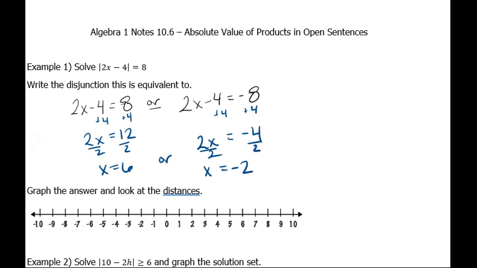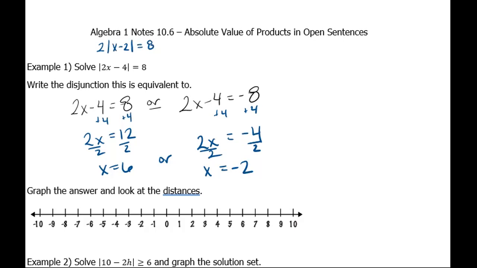So then let's look at how we can look at the distance. Before we had said the distance between x and the number, the subtraction, is 8 away. But if we did that, we'd be saying the difference between x and 4 is 8 away. But it's a 2x, so it's twice as small as what we would pull out by ourselves. You could also think of it as, what if I wanted to take this 2 out in front? Then it would be 2 times x minus 2 inside parentheses is 8.